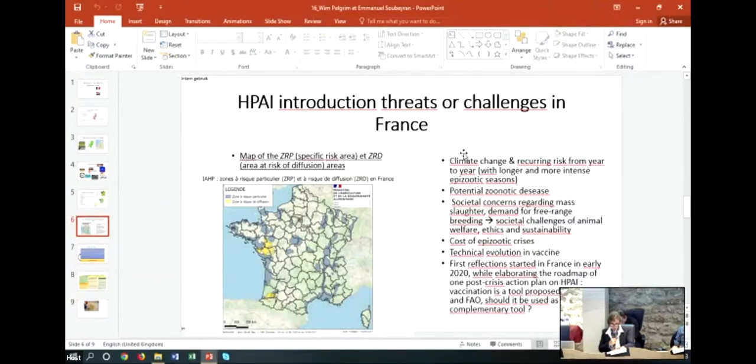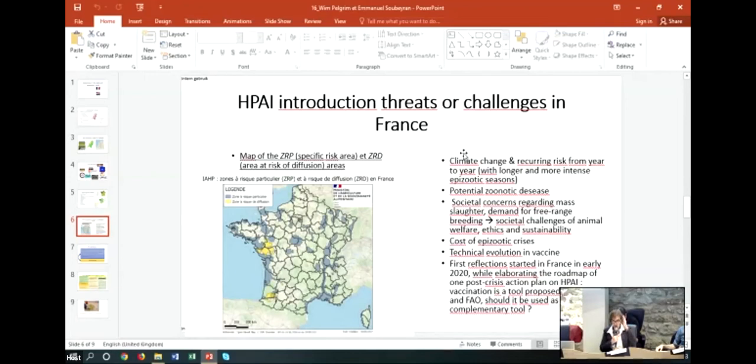So what are the issues that we are facing, and in what context are we evolving? For the last 4 years, crises have been recurrent, with increasingly long crises. And last year, for the first time, outbreaks occurred during the ascending migration.